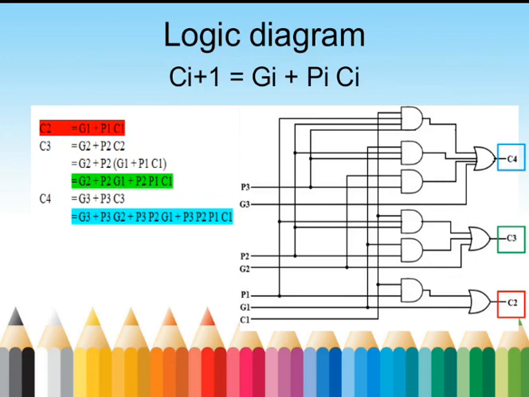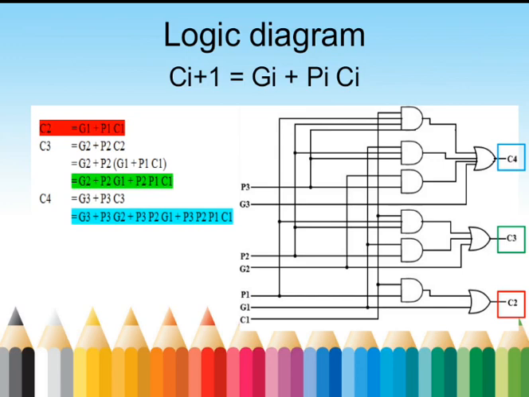Likewise, C2 can be expressed as G1 plus P1 into C1. Similarly, C3 can be expressed as G2 plus P2 into C2. We already know the value of C2. If we replace it, C3 can be expressed as G2 plus P2 into G1 plus P2 into P1 into C1.